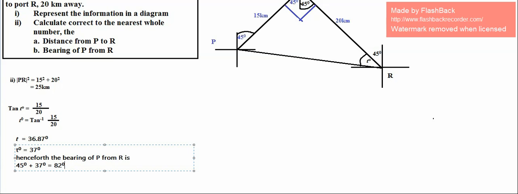So in terms of compass bearing, that will be north 82 degrees west. Henceforth, the bearing of P from R is north 82 degrees west, and that's how I came about the 82.